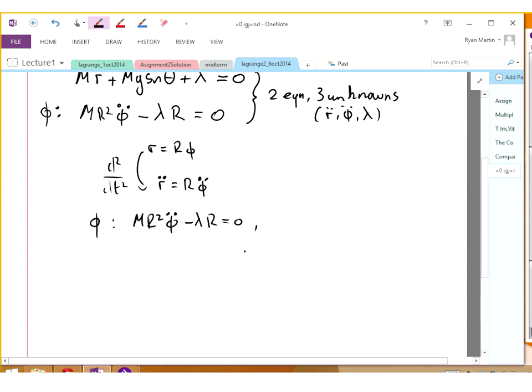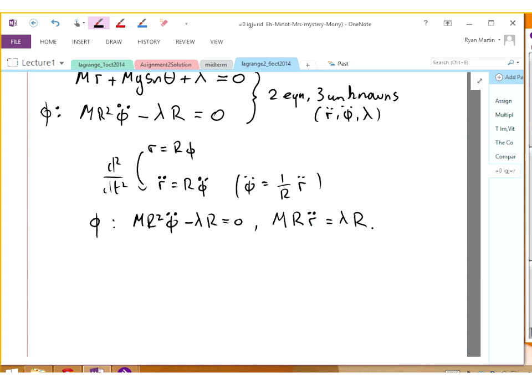That's the same as m big R, little r double dot. All right, so I've just substituted in phi double dot equals 1 over big R, r double dot, equal to lambda r.